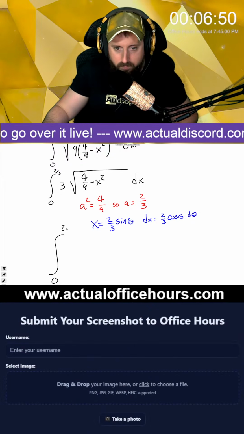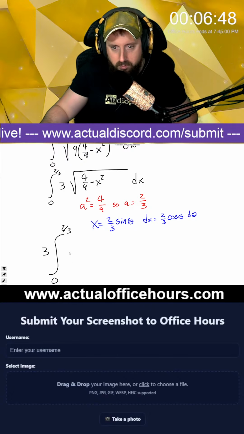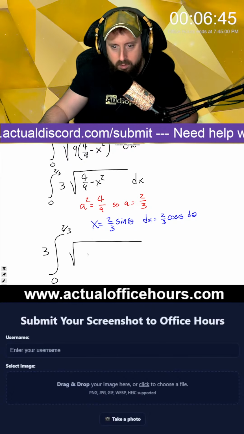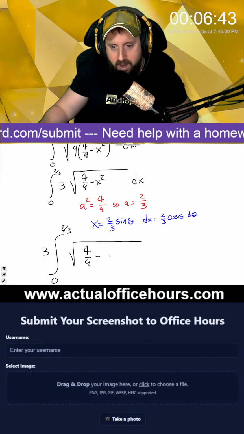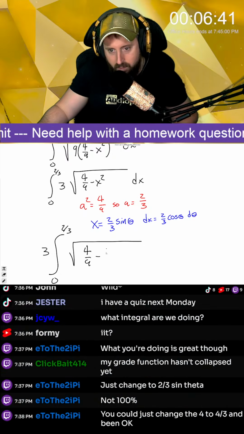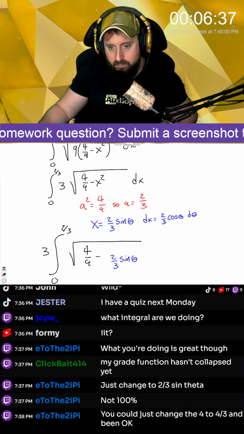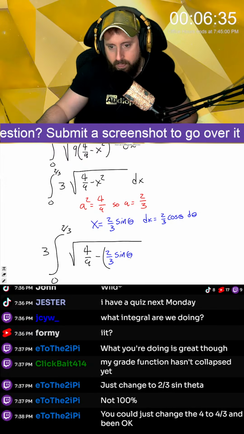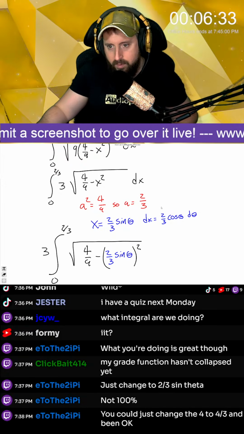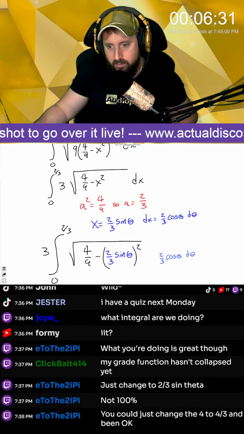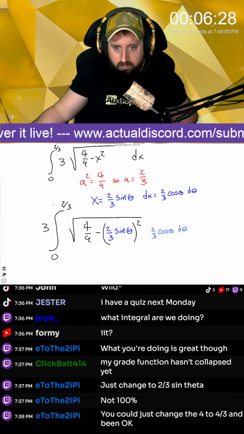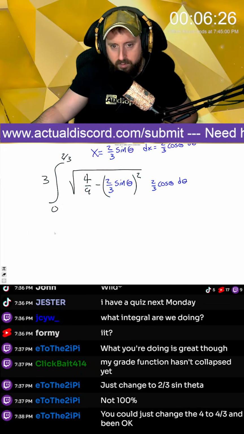We'll eventually fix the bounds. And then this is 3. So this is going to be the square root of 4/9 minus this squared, and then this is now this. Okay. We'll start copy pasting just to make things faster now.